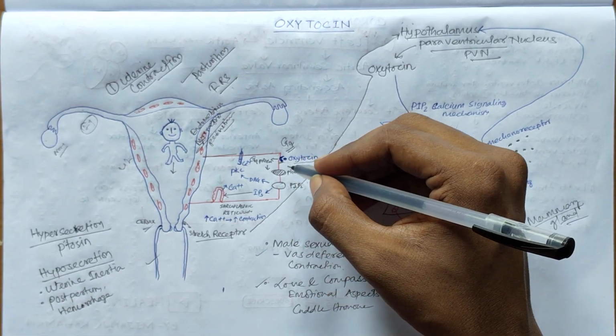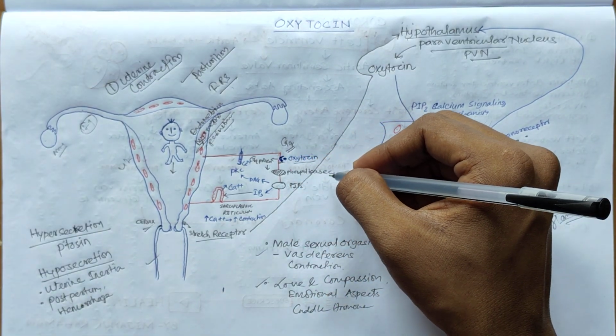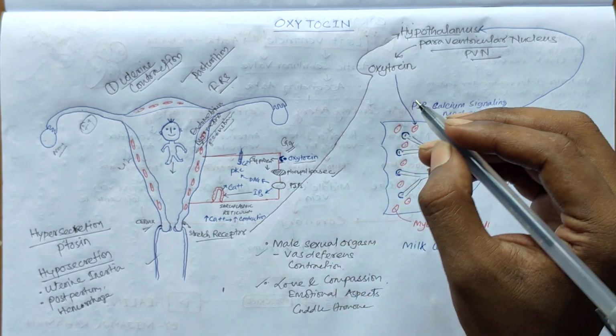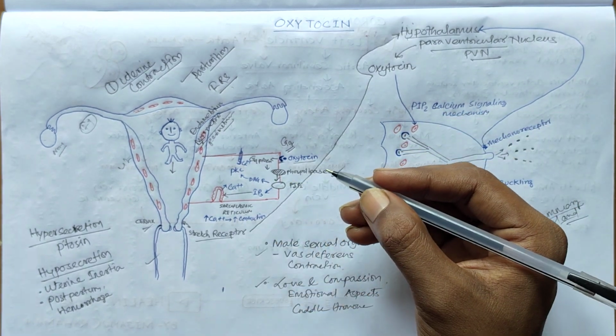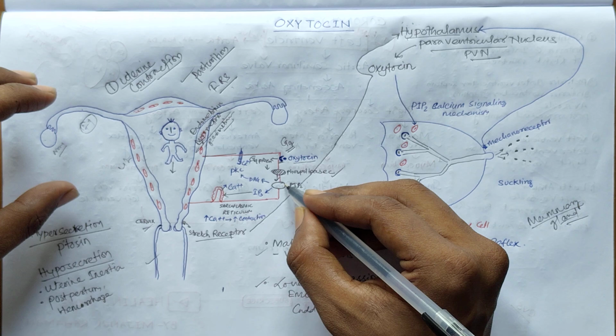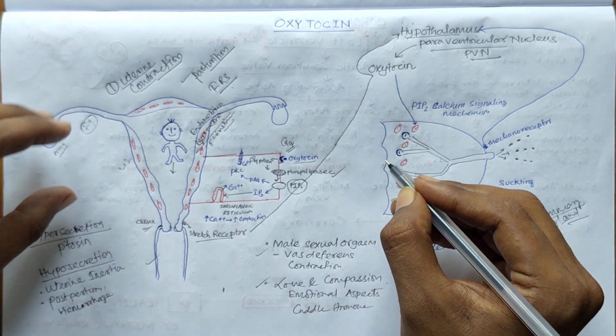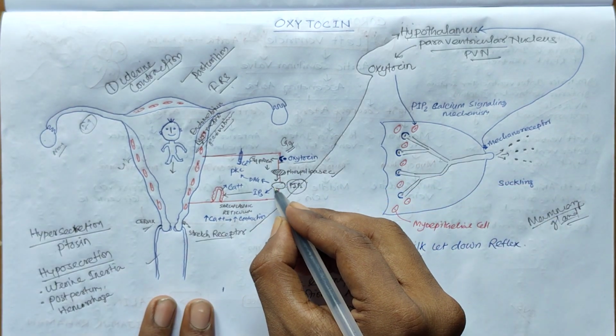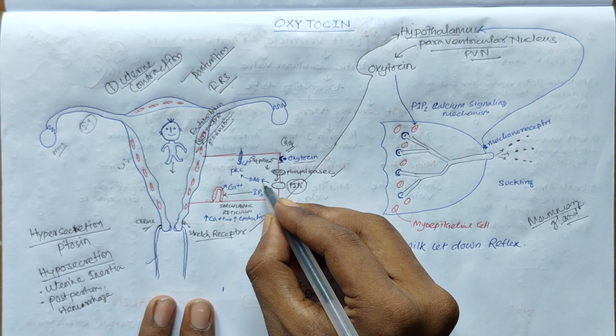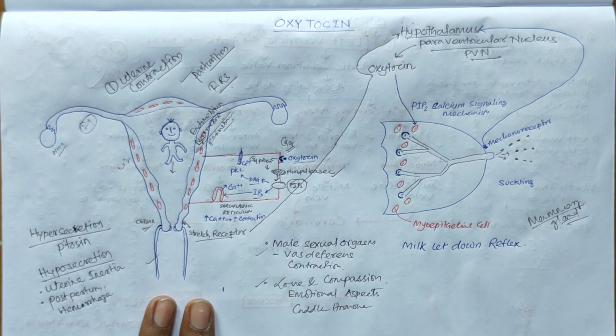Gq protein will further stimulate phospholipase C, and phospholipase C will break down PIP2 in the cell membrane, and PIP2 will break down into DAG and IP3.